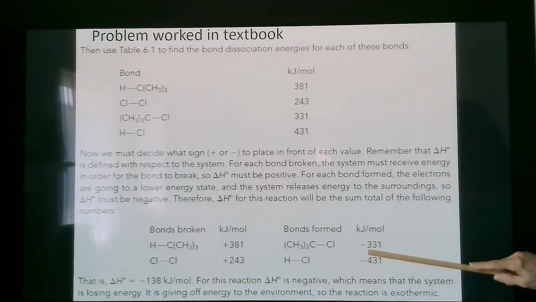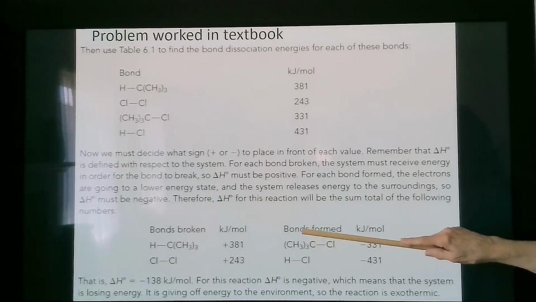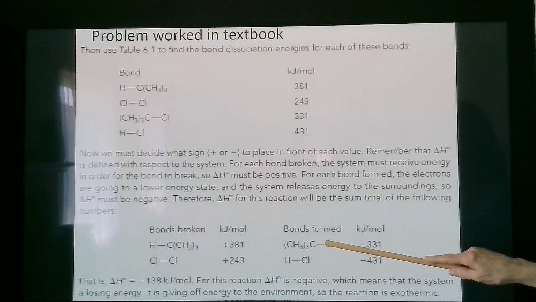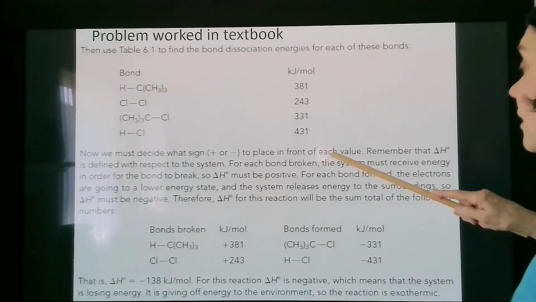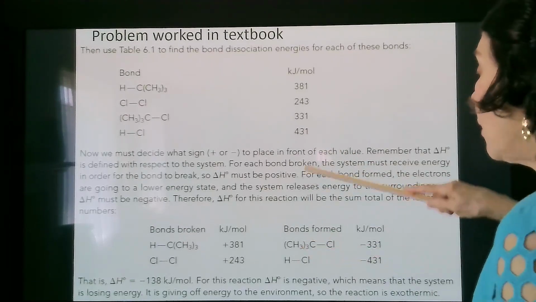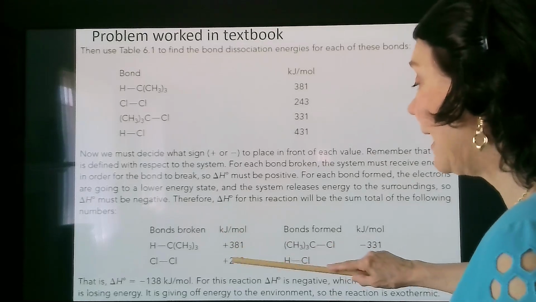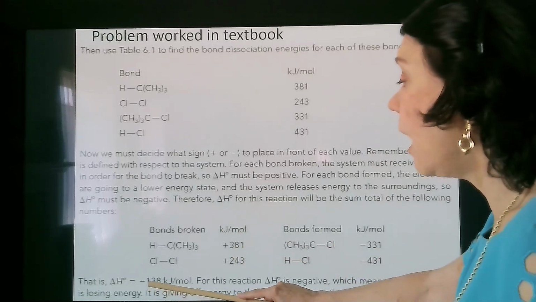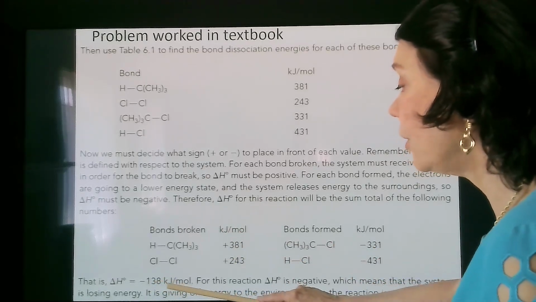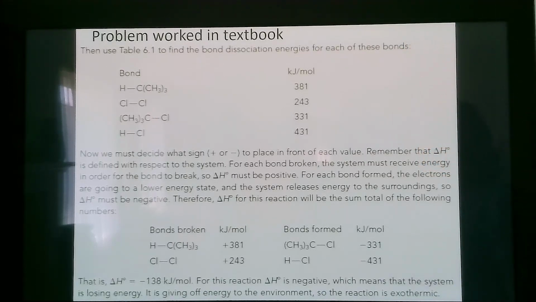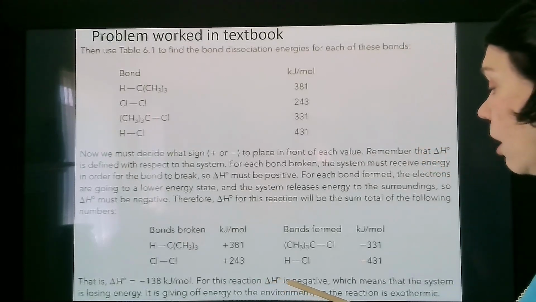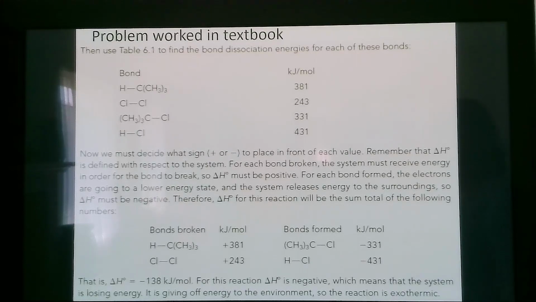Over here, these two are added together because when the bonds are formed, the molecule becomes more stable. So the molecule goes downhill in energy. And so you simply add these together and you get a minus 138 kilojoules per mole overall, and so delta H naught is negative. It means that the reaction is exothermic.